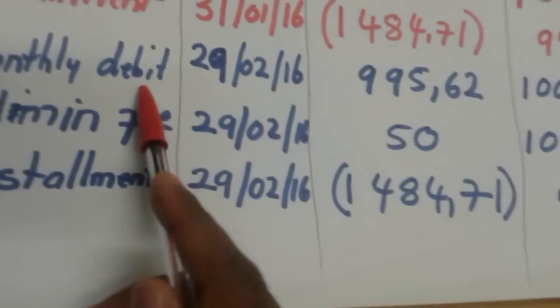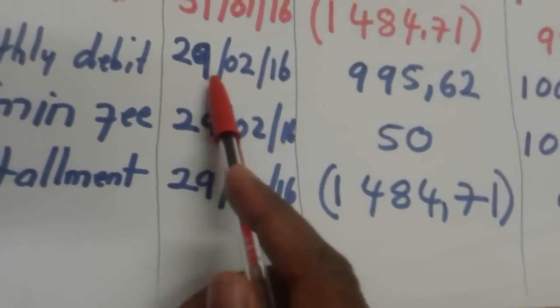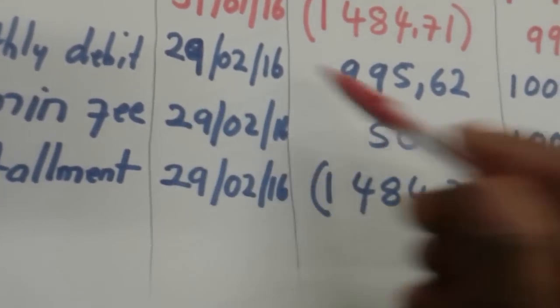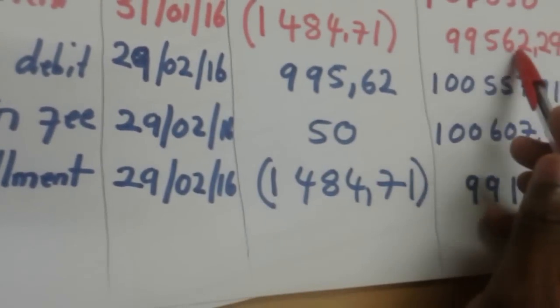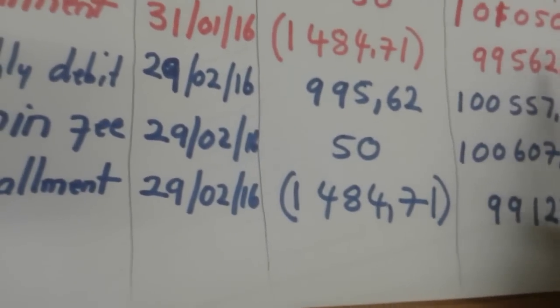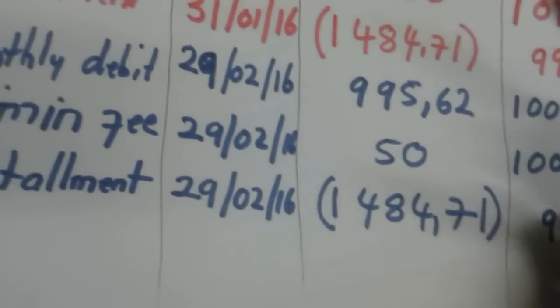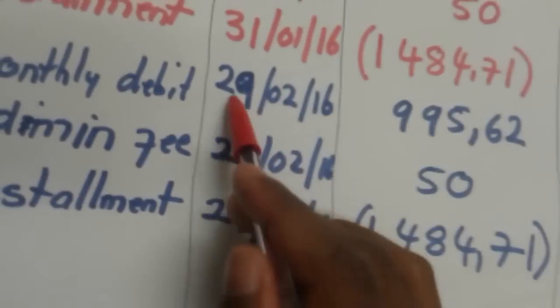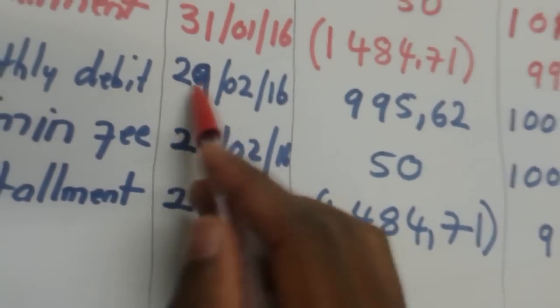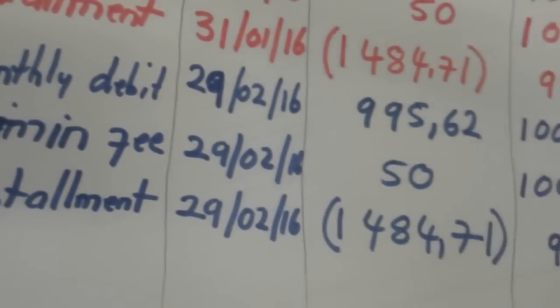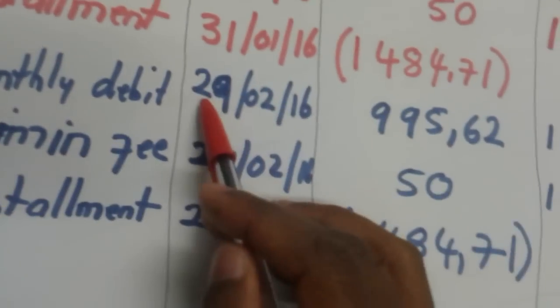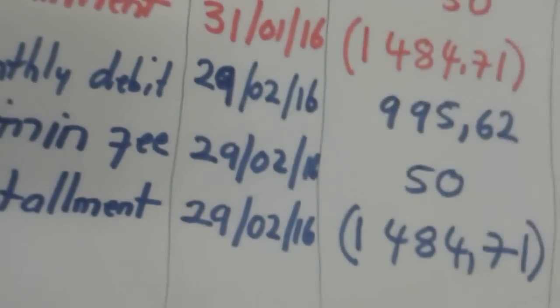So let's assume this was December. So do you agree with me that if it was December, we would take the opening balance for December, which is at the end of November? Right? Yes. So let's assume this is December. I know it's Feb, but for now, just assume that it is 29 or 31 December.